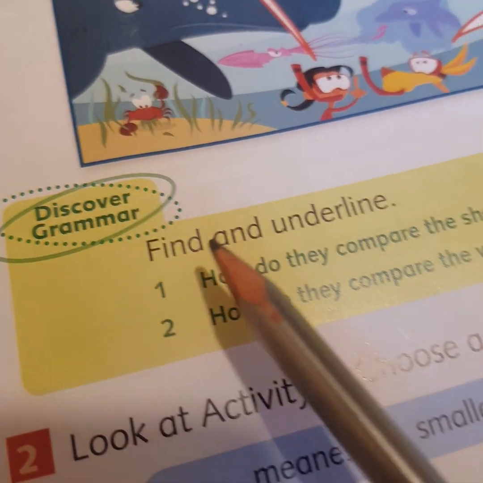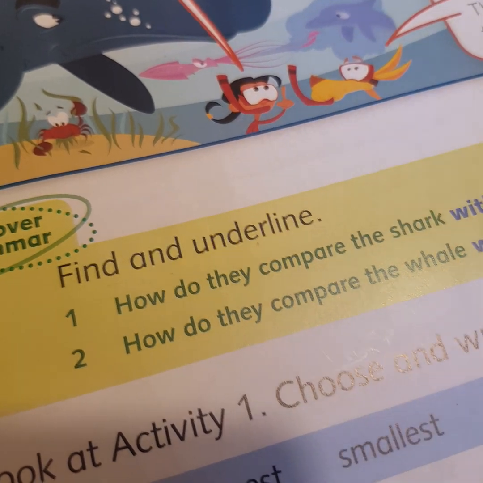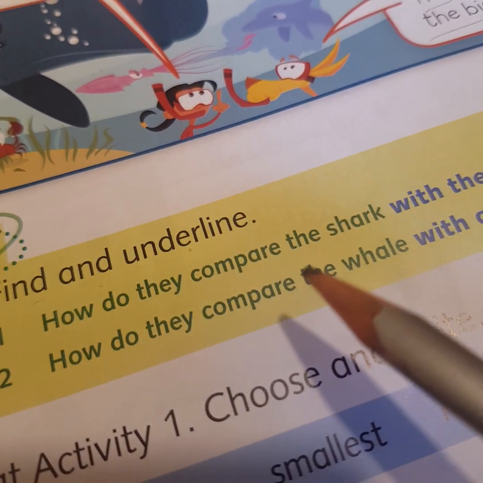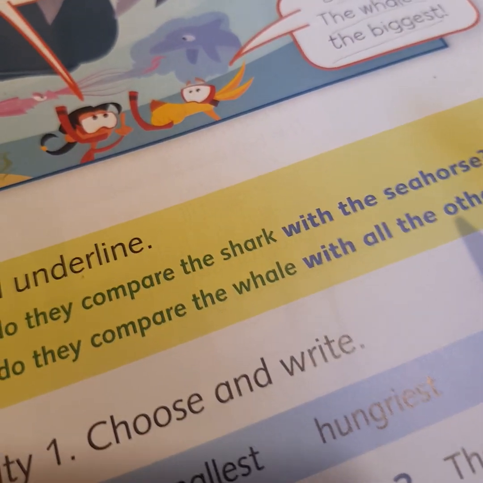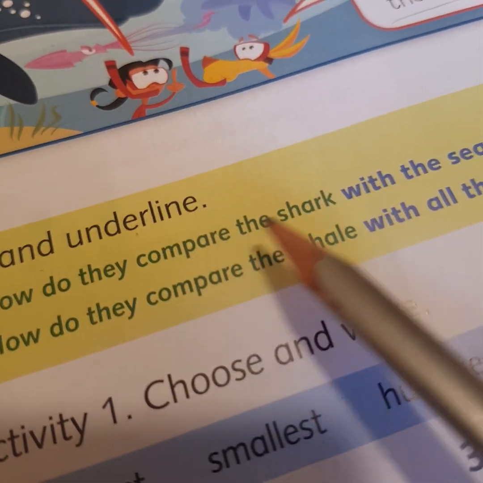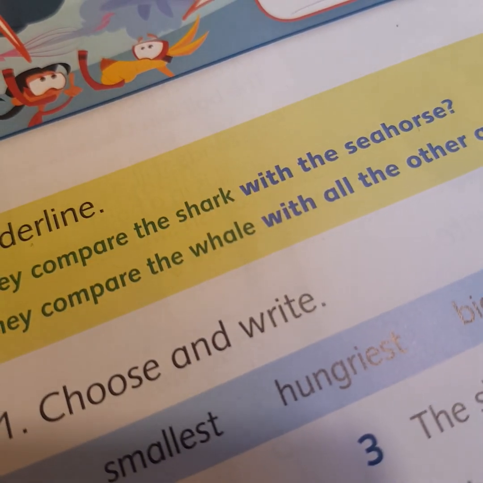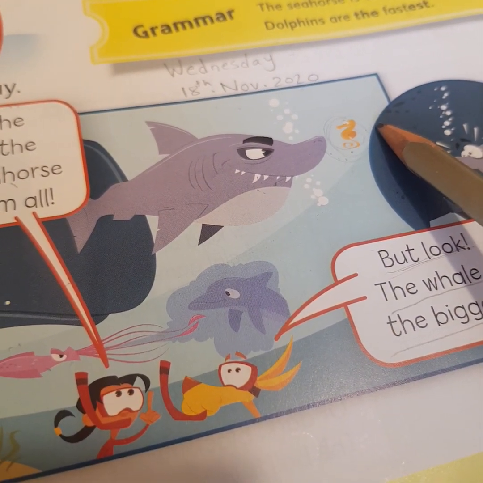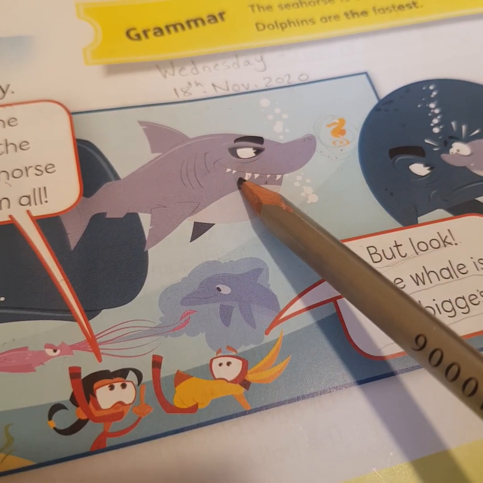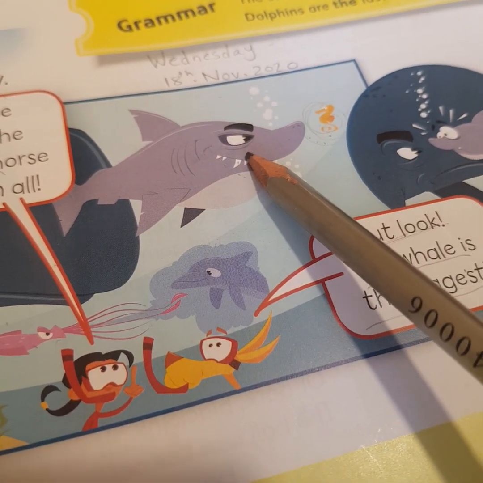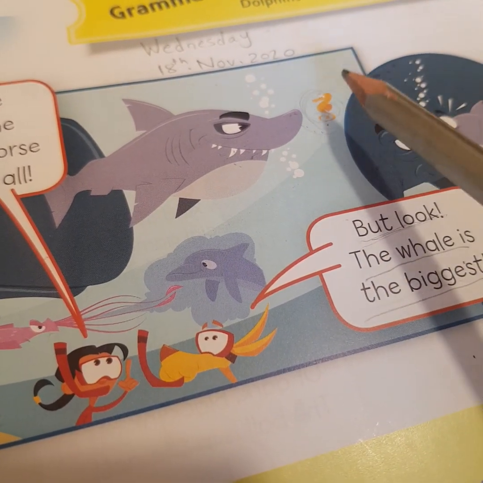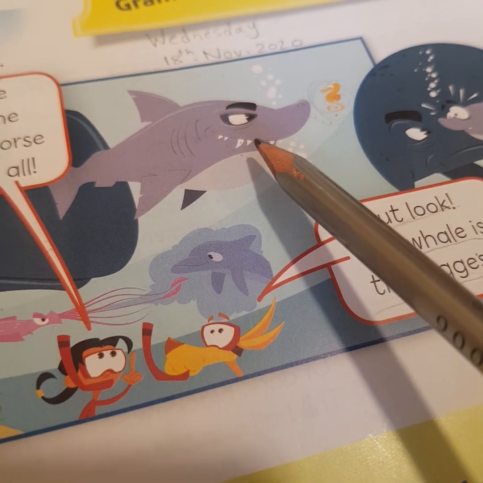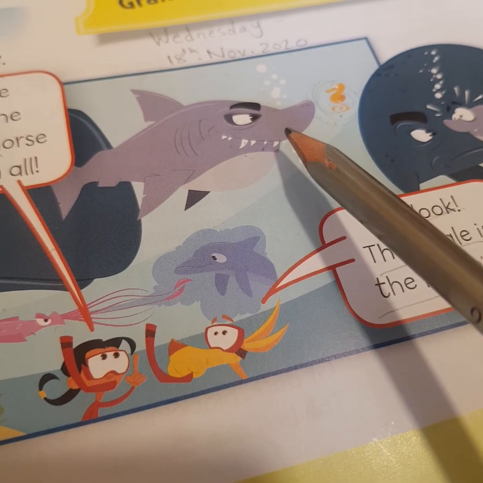Discover grammar. Find and underline. How do they compare the shark with the seahorse? كيف قارنوا الشارك with the seahorse؟ طيب okay. Shark with the seahorse. How can we compare between them؟ عنا إيش؟ Two animals, so we have to use the comparative form. لازم نستخدم إيش؟ Comparative form. نستخدم صيغة المقارنة اللي هي ER.